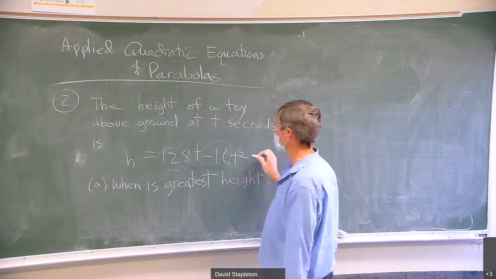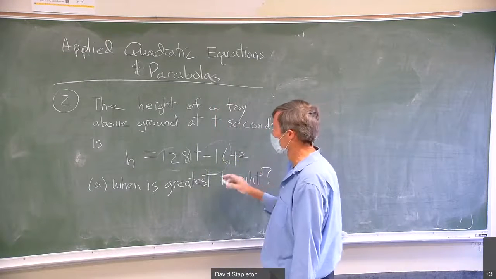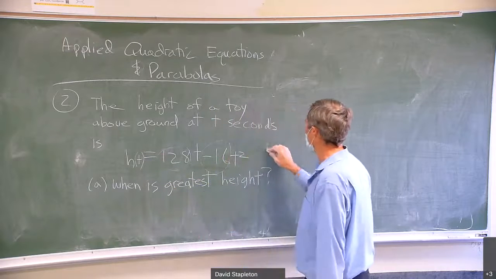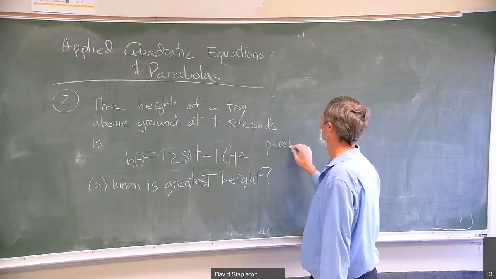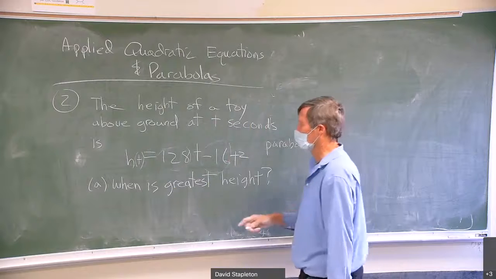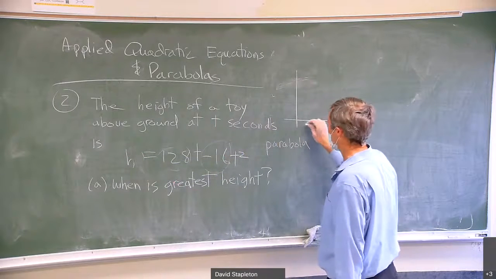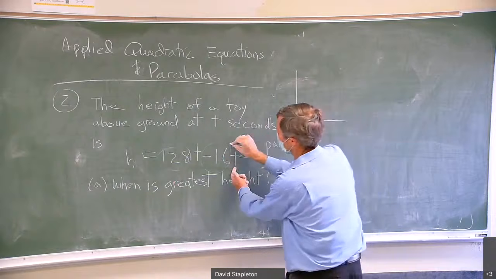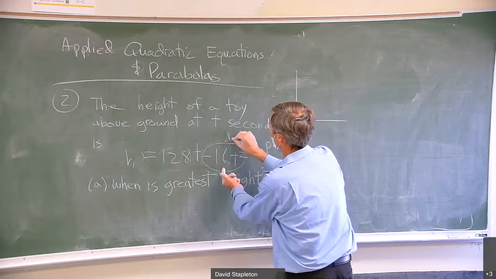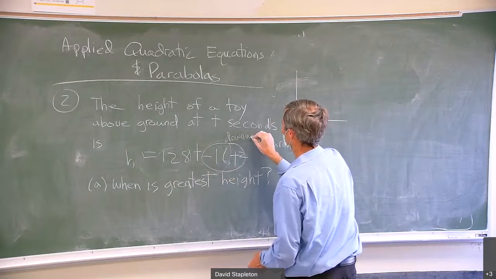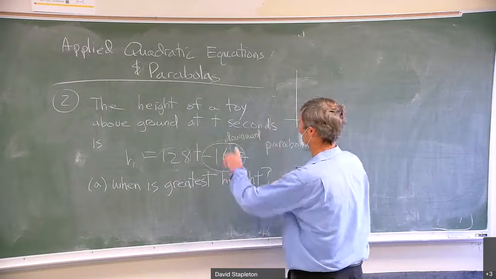The thing to do is to recognize this is a parabola, right? Let's call it h, the y coordinate, and we have a downward parabola because the coefficient of t squared is negative. When you have a negative number times t squared, it turns the parabola upside down.